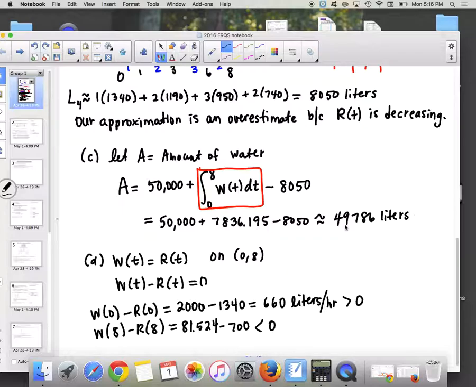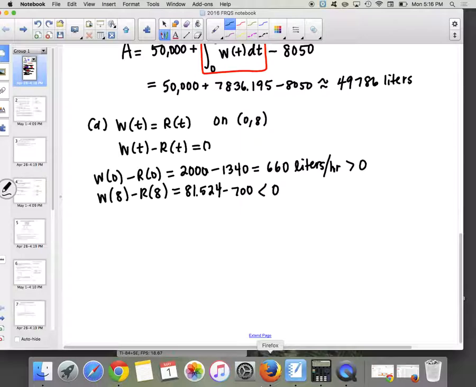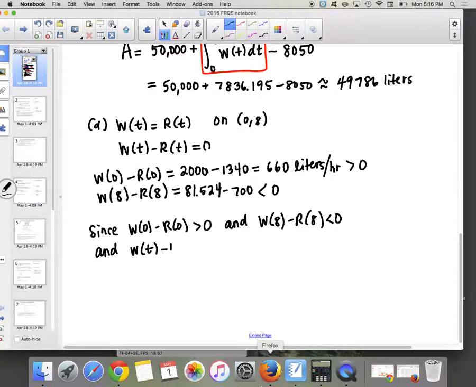So we're going to say something like, since W of 0 minus R of 0 is greater than 0, and W of 8 minus R of 8 is less than 0, and we have this function that we've created, W of t minus R of t, it has to be a continuous function.